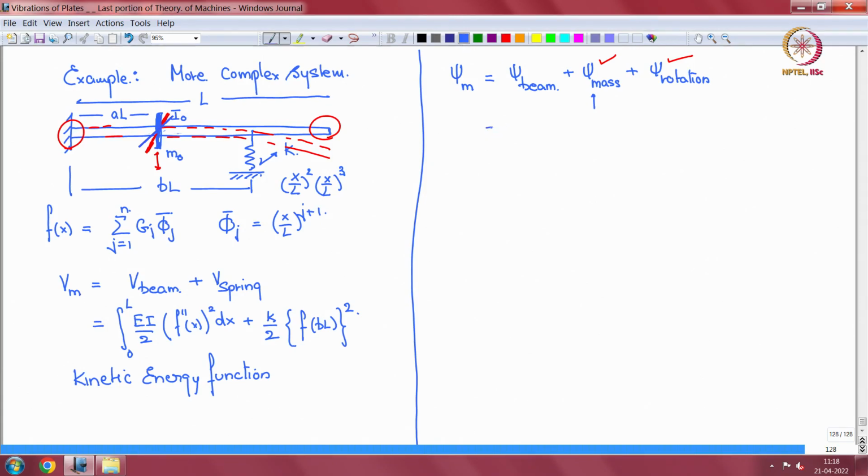That is equal to integral 0 to L m by 2 f of x squared dx, plus this is the linear velocity term from the mass, m0 by 2, okay, f of A L whole squared.